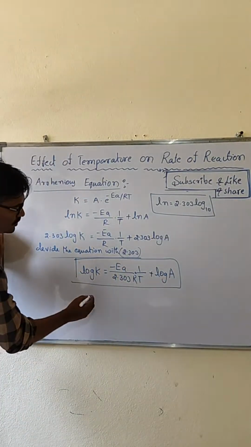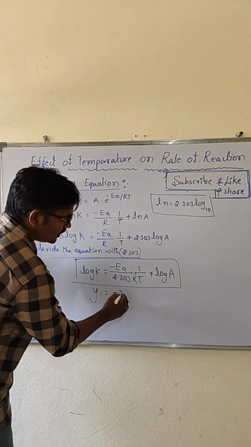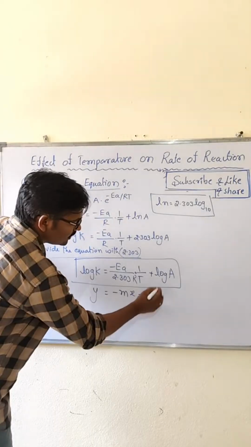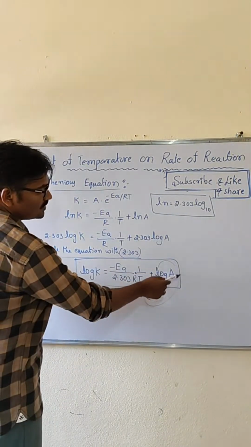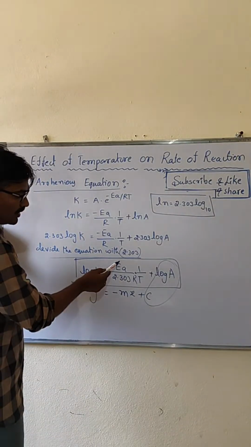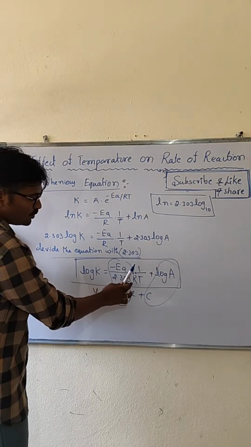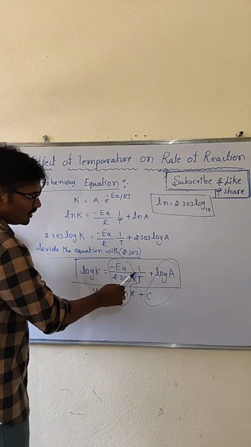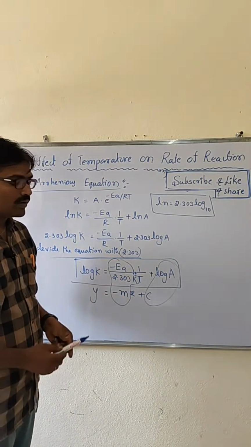It also looks like y equals minus mx plus c. Once again, the intercept is log A, and the slope is negative, which is minus Ea divided by 2.303 R.